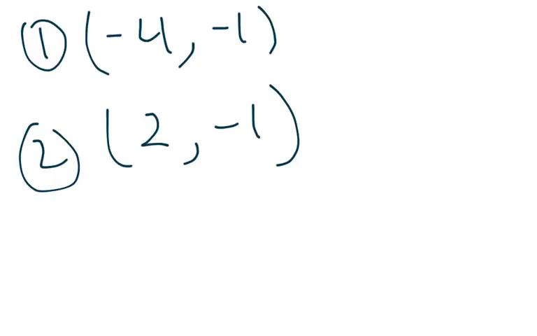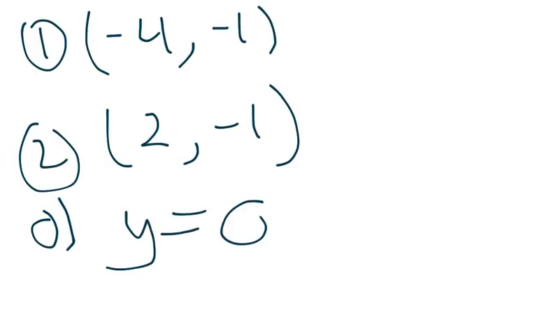Okay, now we're going to do D. So here we're going to find if it is possible for the curve to have a horizontal tangent at a point where it intersects the x-axis. To find the intersection with the x-axis, we know that y has to be 0.